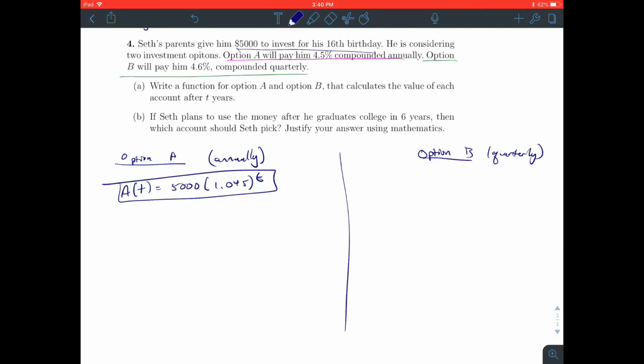Done with that. For quarterly, what that means is Seth is going to be getting 4.6% a year, but we're going to split it into 4 chunks so you can get a piece of that 4.6% every quarter. So we do 4.6 divided by 4, and that becomes 1.15. So this is the yearly percent. We divide it by 4, and that gives us the quarterly percent.